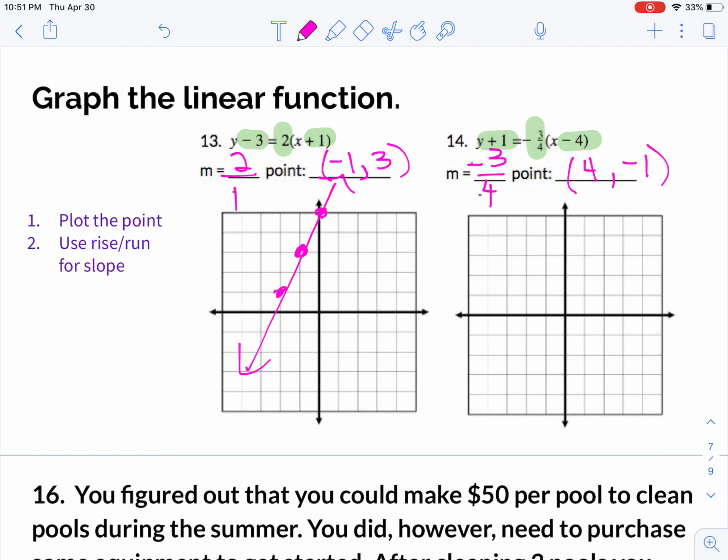So I'm going to go over 4, 1, 2, 3, 4, down 1. Now, I have a slope of -3/4. If I go down 3 and then go over 4, I kind of go off my grid. So I'm just going to do the opposite. I'm going to go up 3, 1, 2, 3, and then go to the left 4. All right, so now I have what I need to just draw myself a little line. This is just a sketch. My drawings aren't that great.